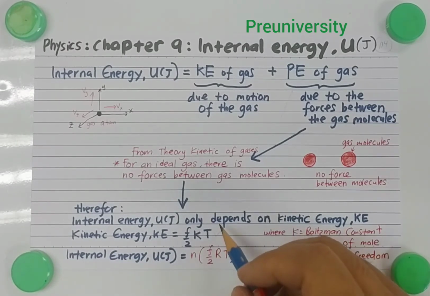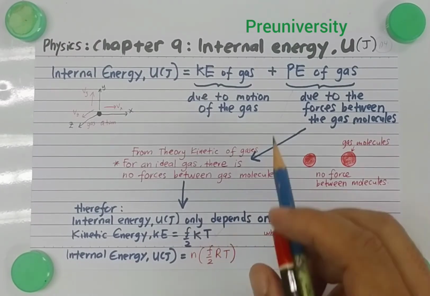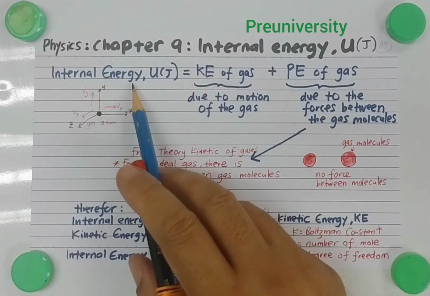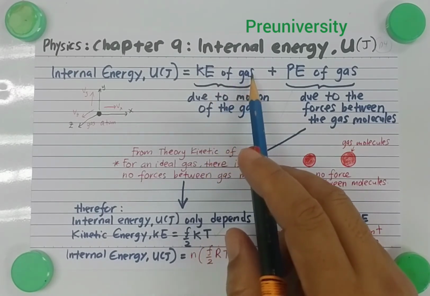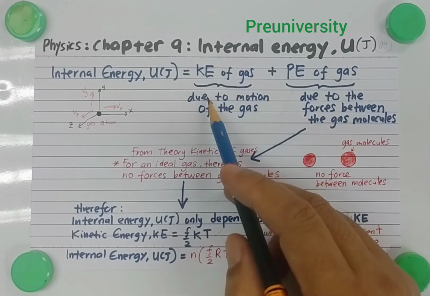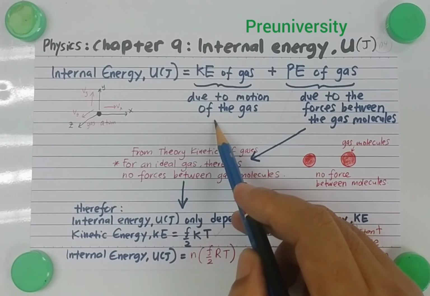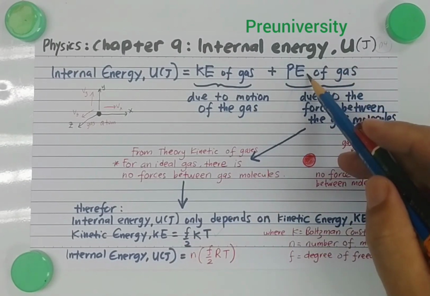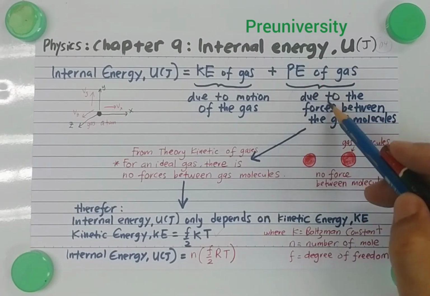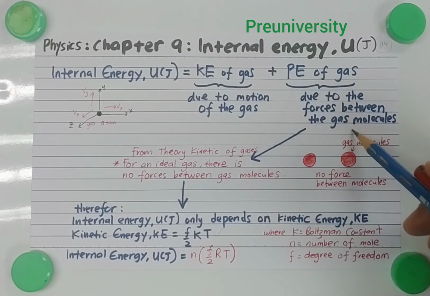The internal energy is the total of the kinetic energy of the gas, which is due to the motion of the gas, plus the potential energy of the gas. The potential energy depends on the forces between the gas molecules.